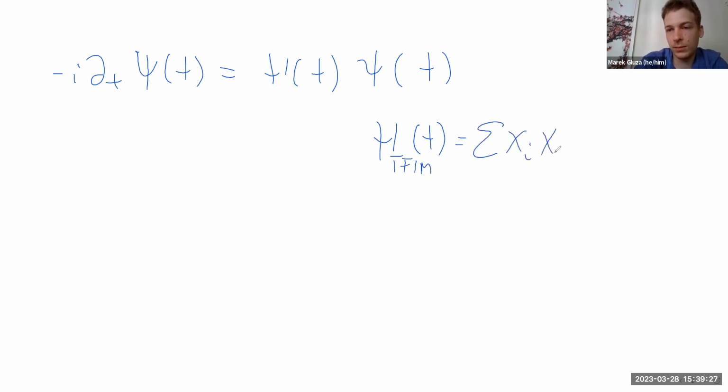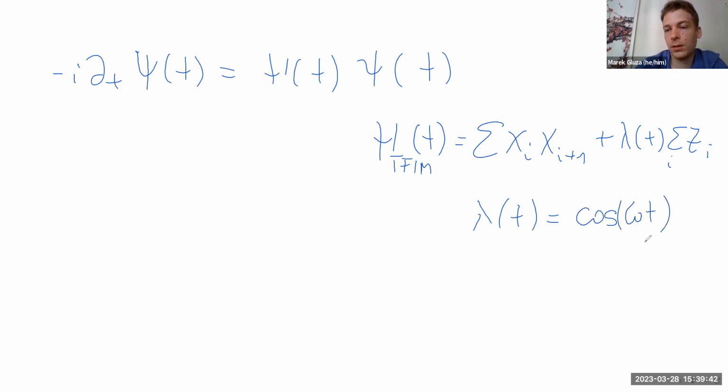So again, same notation as before, but here I could have some lambda of t times I Z I, and this lambda of t could be cosine omega t. Yeah, some omega.